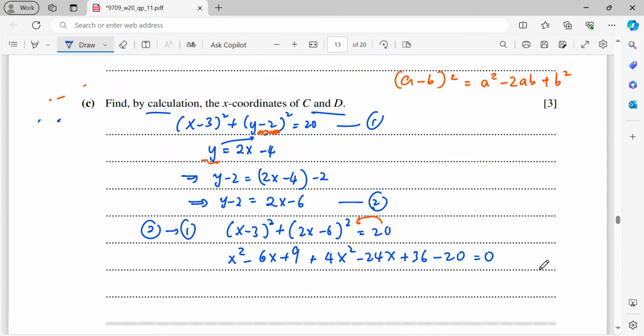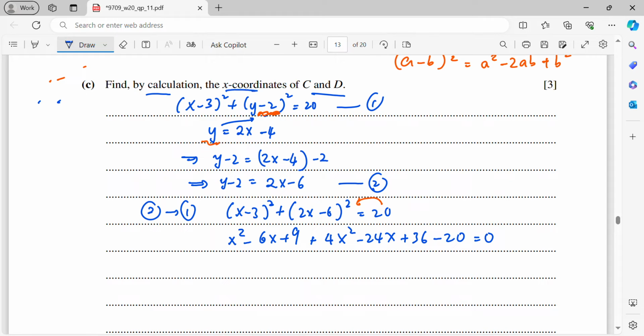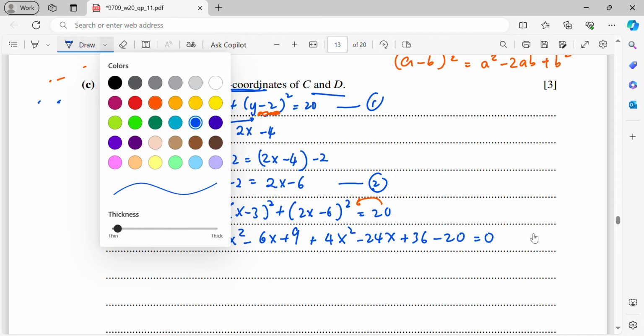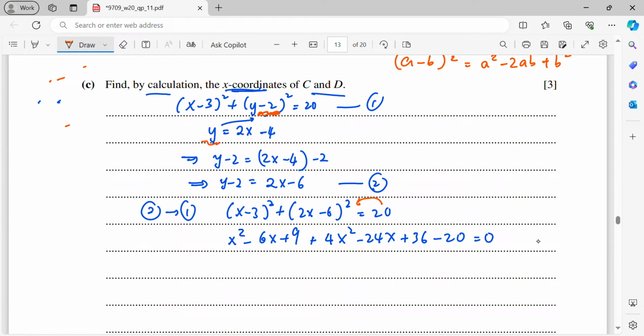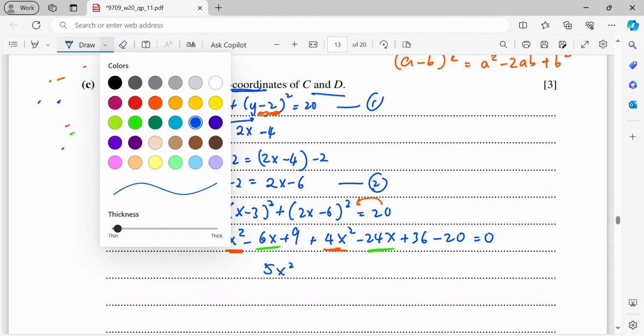Now I will simplify this because you need to find the x coordinates. That's the reason I eliminate the y. So now I should get 2 values of x because of the 2 points C and D. x squared together with 4x squared will be 5x squared. Then minus 6x minus 24x, you will get negative 30x.